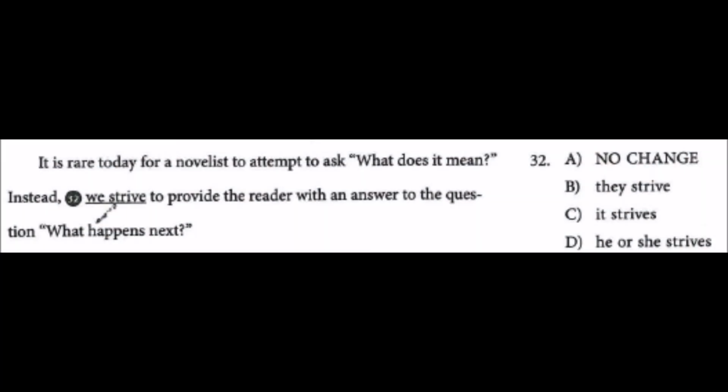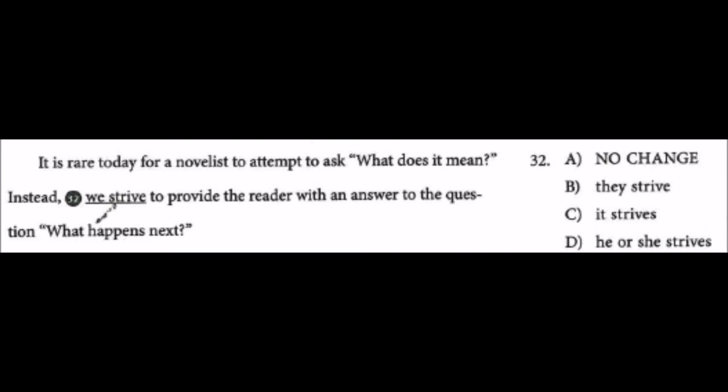In this example, we have to choose the correct subject. As you can see here, we have we strive, they strive, it strives, or he or she strives. Well, according to this, we have just to look at the subject which is before it, or that the pronoun refers to. So we read the sentence before, and we see, it is rare today for a novelist to attempt to ask, what does it mean?